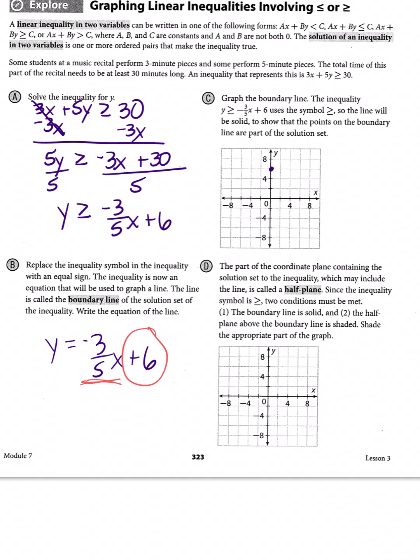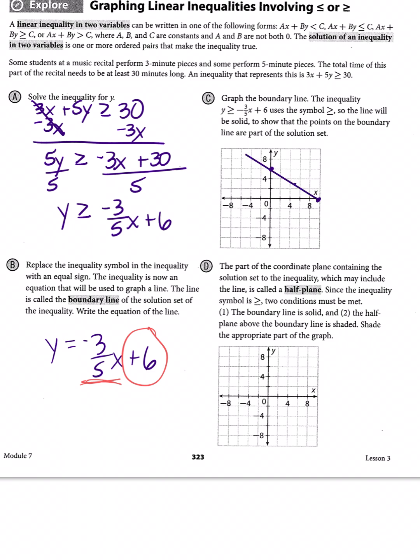Just like when we were graphing inequalities on a number line, if it had that equal to symbol, we used a solid dot. It says to show the points of the boundary line are in the solution set. So starting at 6, going down 3 and over 5, down 3 and over 5. Then we're going to make it a solid line.